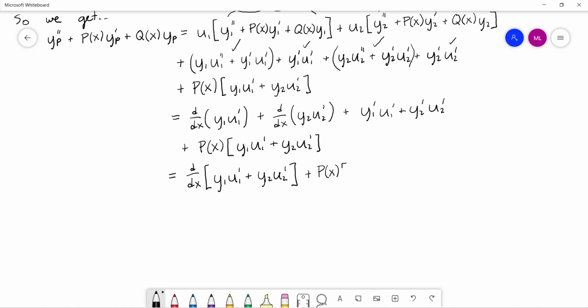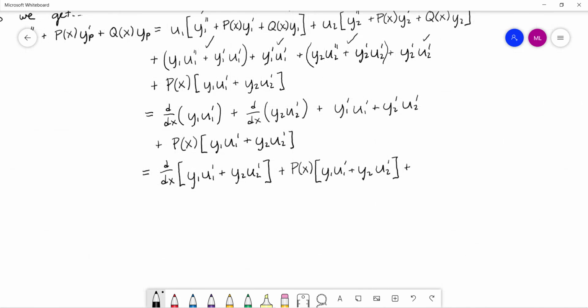P of x times y1 u1 prime plus y2 u2 prime, plus those last two terms that are sitting kind of by themselves. We'll just throw them in some parentheses here, but we're not worried about them yet. Now we've accounted for all of these terms.